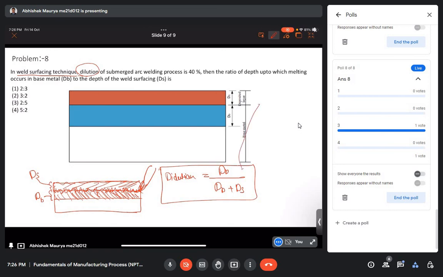So I will also quickly write down the solution. This is the formula we have. Dilution is equal to db by db plus ds, and it is given as 40%. If we substitute the values in this equation, 40% means 0.4 in fraction terms, equals db divided by db plus ds, and further solving we'll get 0.4 db plus 0.4 ds is equal to db.